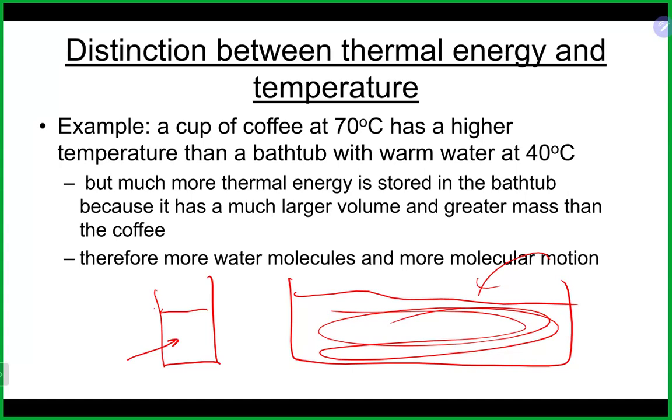So that's why we could have a cup of coffee that has a higher temperature, because that volume of water will not take as long to heat up, and you could actually get it to a higher temperature than if you apply the same heat to your bathtub water. Again, with that amount of water, it's going to take a little bit longer to reach the same temperature because there's a greater amount of volume of water molecules present. Any questions on that there?